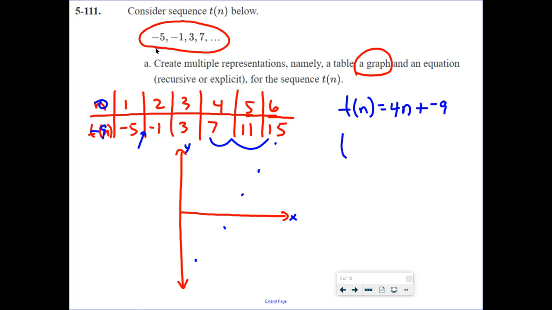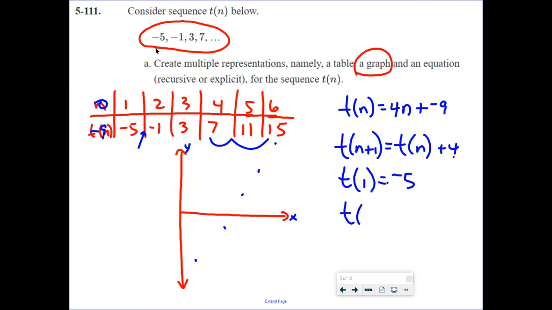My recursive equation, t of n plus 1, would be t of n plus 4, with t of 1 being negative 5, or t of 0 being negative 9. There it is. Cool? Hopefully that went pretty well.